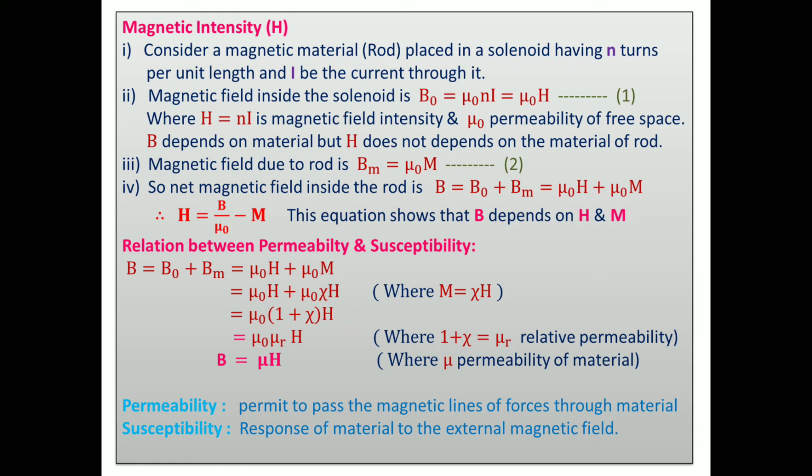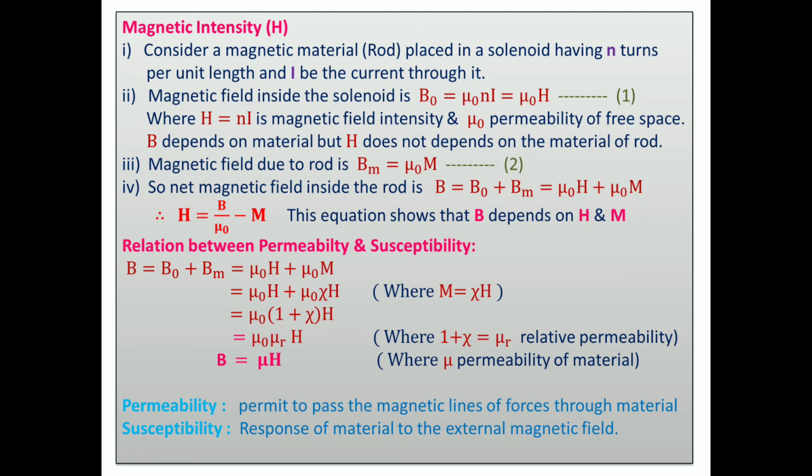Thereafter, we are going forward to a relation between permeability and susceptibility. Then B equals B0 plus Bm, and from the previous equations, mu 0 H plus mu 0 m. Then mu 0 H as it is, so mu 0 chi H, where chi is the susceptibility.